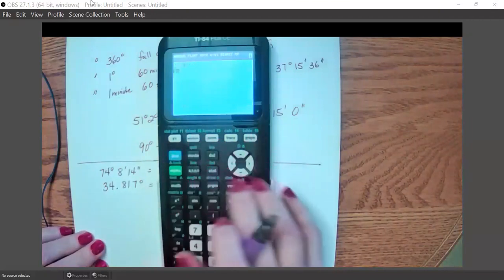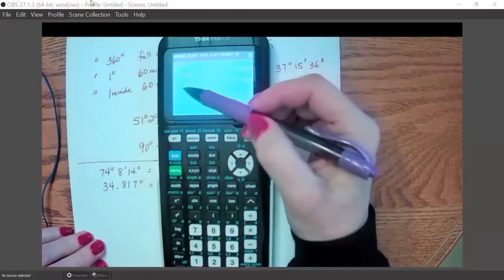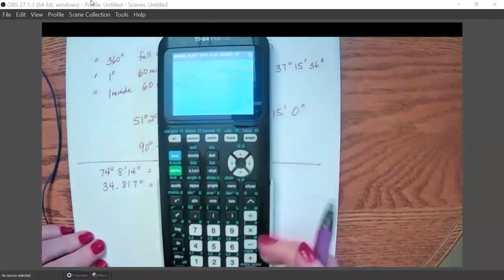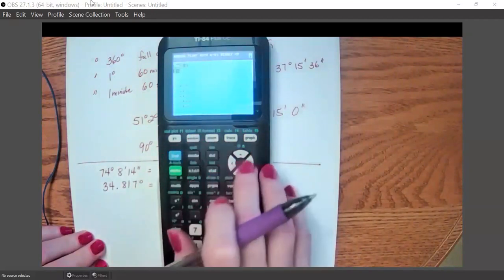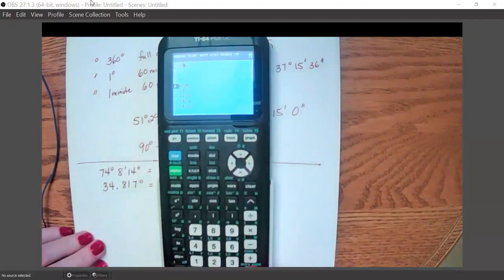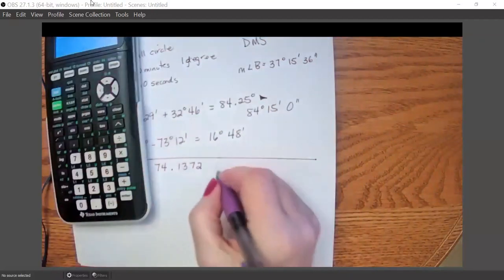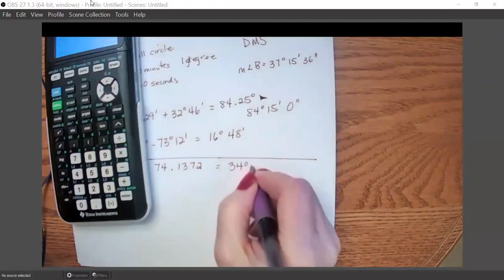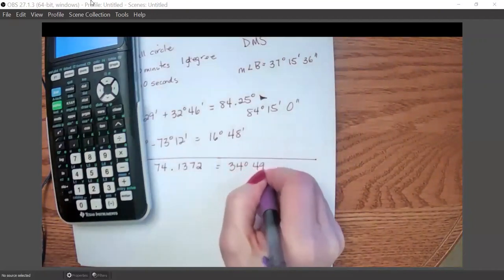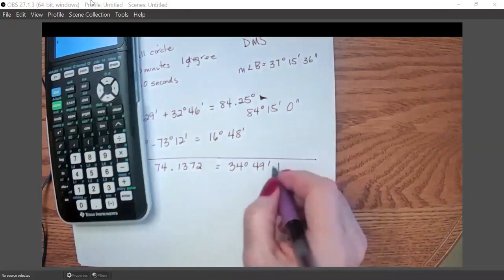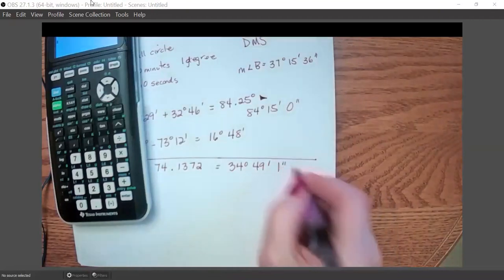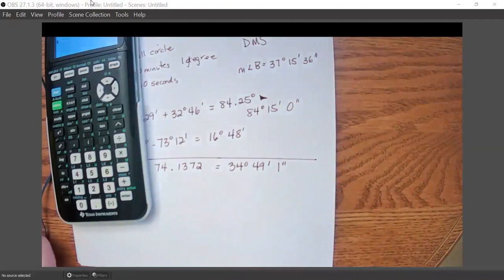Go ahead and make it a degree. 34.817 decimal degrees. And now we're going to pick our convert to degrees, minutes, seconds. And that is 34 degrees, 49 minutes, 1.2. The calculator is pretty specific. We're going to round that down to 1 second.